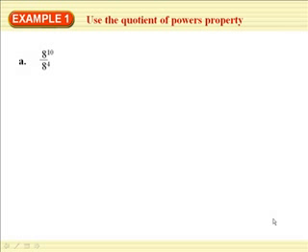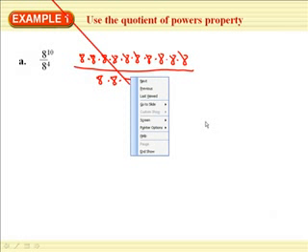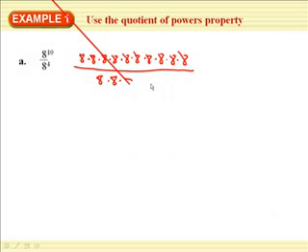If we write this out the long way, 8 to the 10th means 10 eighths: 1, 2, 3, 4, 5, 6, 7, 8, 9, 10, over 8 to the 4th, which is 4 eighths. Now remember, you can cancel out things that are the same.